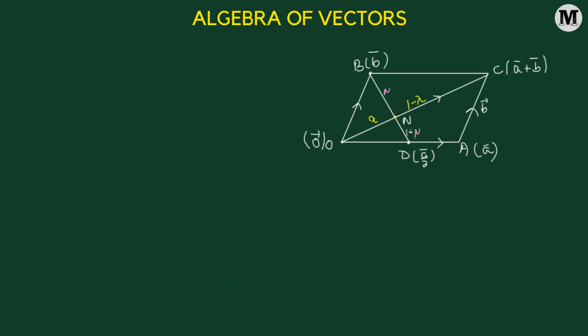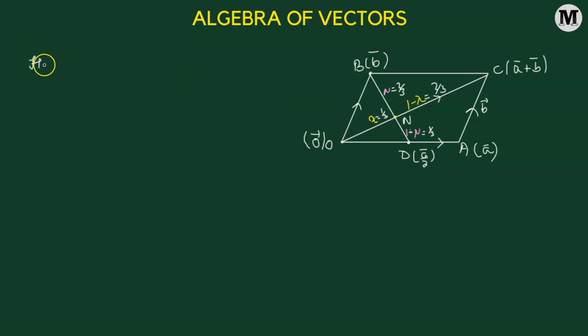Here we have obtained that lambda will be equal to 1/3, so 1 minus lambda is going to be 2/3. Then we obtain mu to be 2/3, which means that 1 minus mu will correspond to 1/3. Now let's write it down properly.